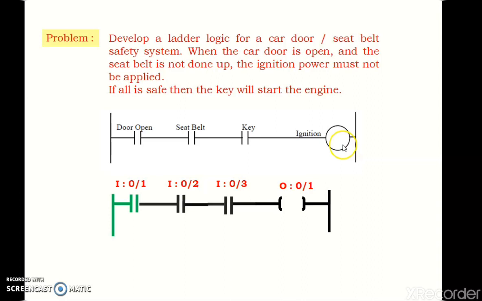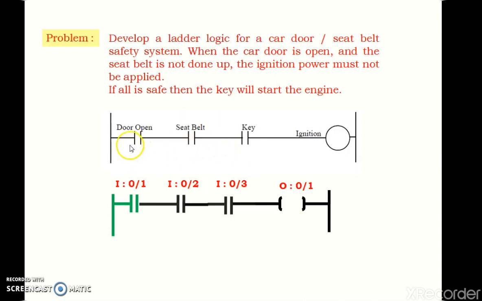Then and only then the car should be started. Here the example is a simple one in which for the door we will use one switch, for the seat belt one switch and for the key one switch. All these switches will be used in series, that is the AND gate.